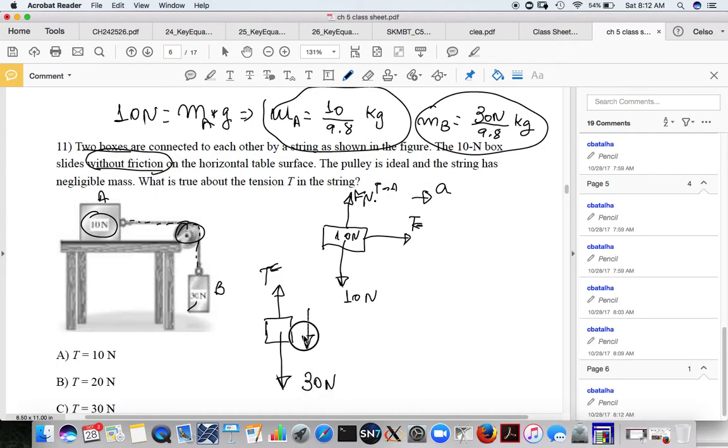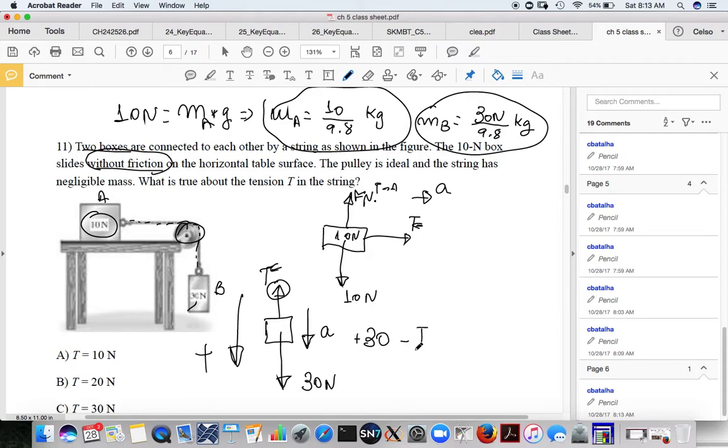And this block falls down with a certain acceleration. So when I do Newton's law, let me call this direction positive, so I deal with positive numbers here. I like that. 30 minus T, because T is a force pointing in the direction that I'm calling negative, right? So anything upward here is negative.